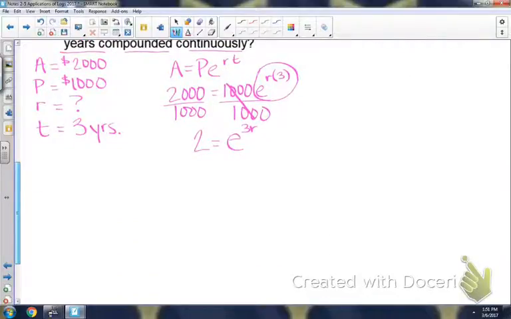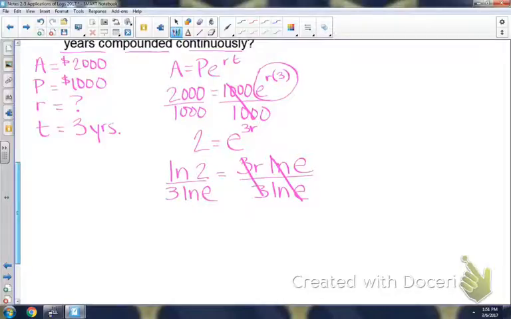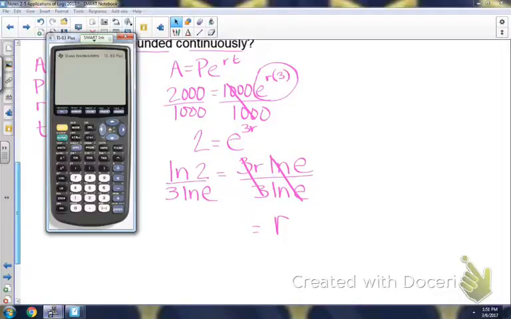Okay, so now, in order to get rid of the exponent, make it a coefficient, I need to take the log of both sides. But notice we have an E in our problem, which means we need to take the natural log of both sides. And I'm going to go ahead and write the 3R in front. So I'm needing to get rid of the 3 and the natural log of E. So natural log button is to the left of 4.